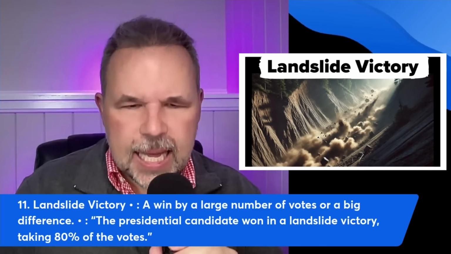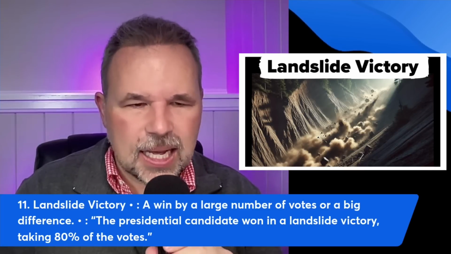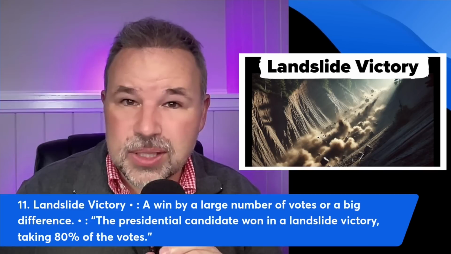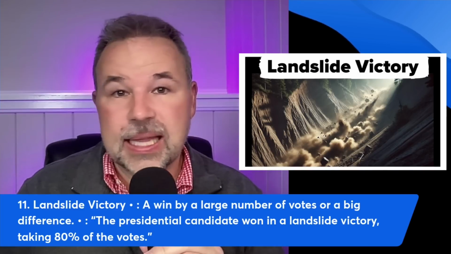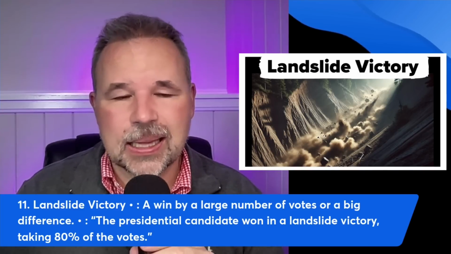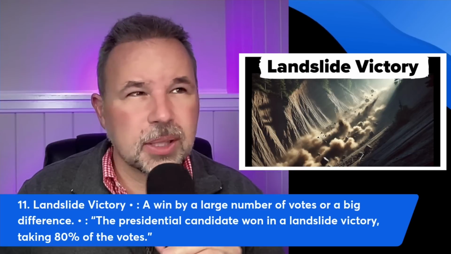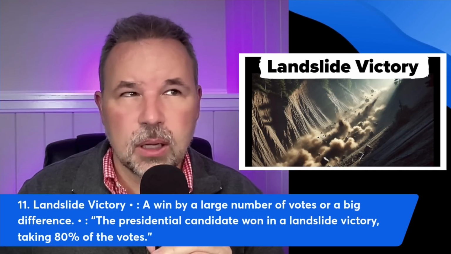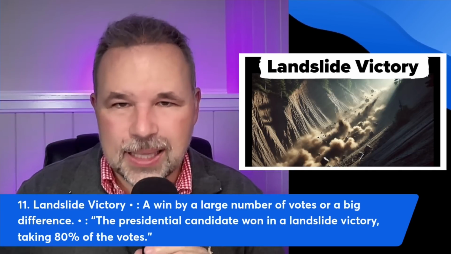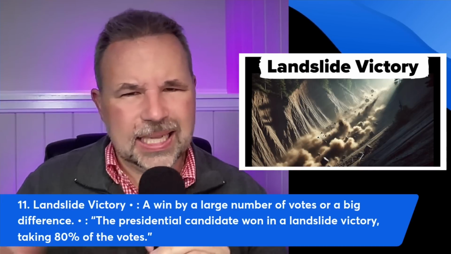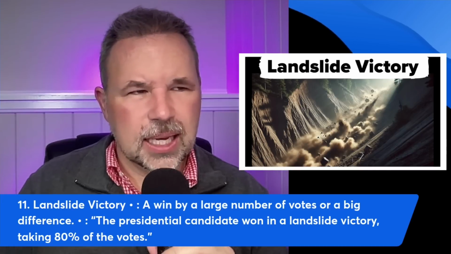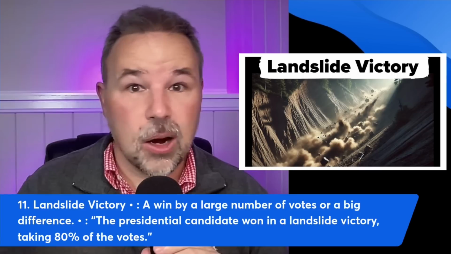The presidential candidate won in a landslide victory, taking 80% of the votes. We haven't seen that in the United States in a long, long time. Probably back in the 1980s when President Reagan won by a landslide victory. I think in 1984, he beat somebody named Walter Mondale by a large amount.